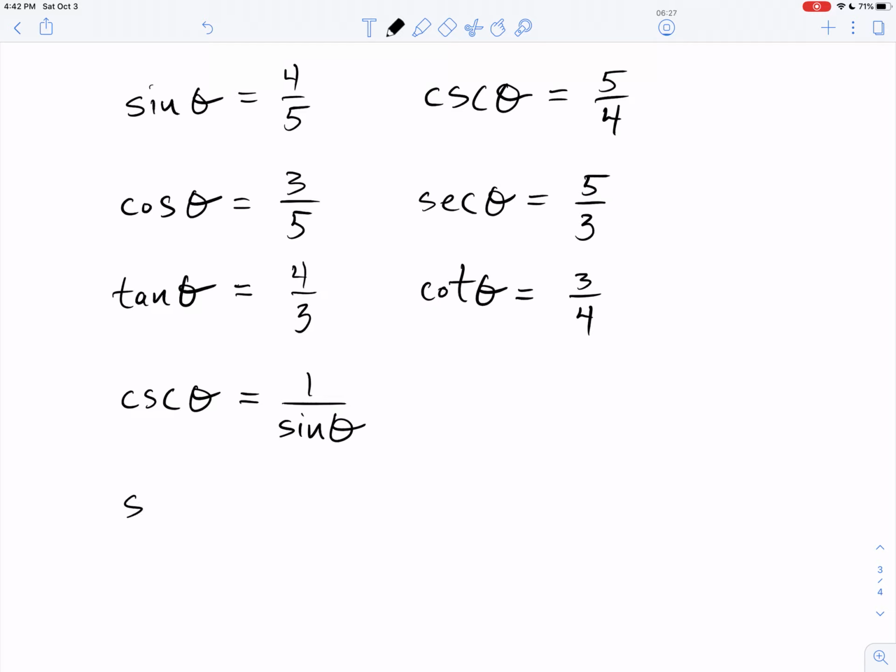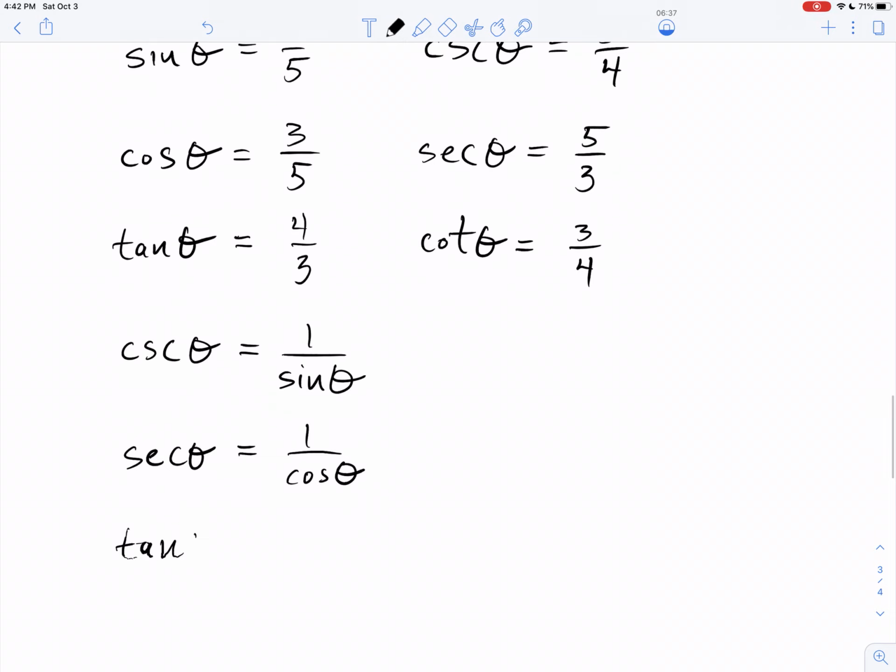The secant is the reciprocal of cosine, so it's 1 over cosine. And then, of course, the cotangent of theta is 1 over tangent.